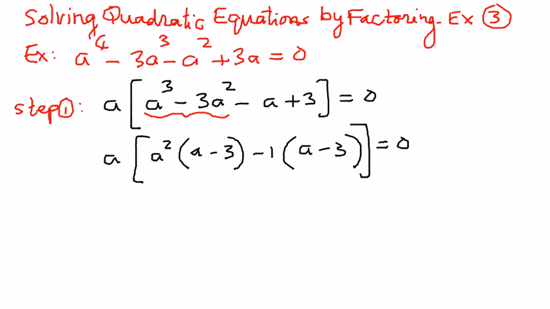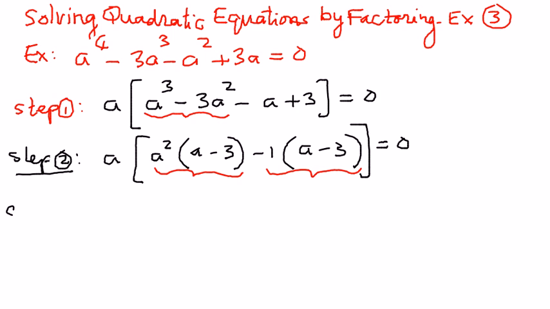If we call this step 2, we are factoring by grouping now. By looking at these terms, a squared times a minus 3 and then negative 1 times a minus 3, a minus 3 is common.